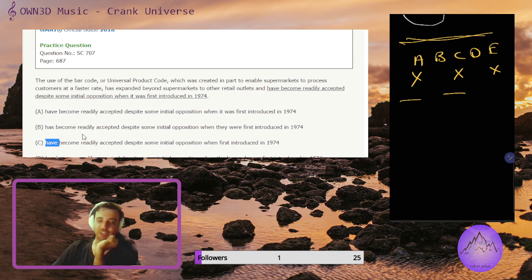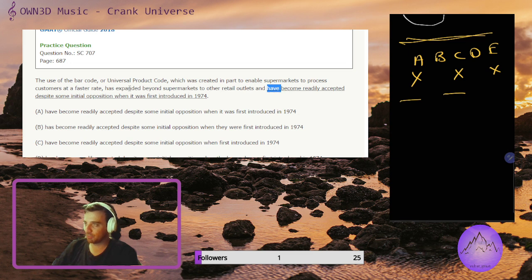Because what is "have" referring to? "Have" is plural, and there's nothing for that to be referring to. It can't be referring to supermarkets. Supermarkets have not become readily accepted despite initial opposition. I think people probably liked supermarkets from the beginning, unless supermarkets put the local farmer out of business or something. I don't know, but either way, it's not talking about supermarkets.